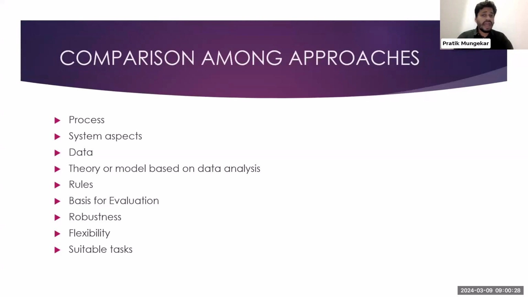Then system aspects. By system aspects, we mean source of data, theory or model formed from data analysis, rules, and basis for evaluation. Then data. As mentioned earlier, symbolic approaches use human introspective data, which are usually not directly observable.